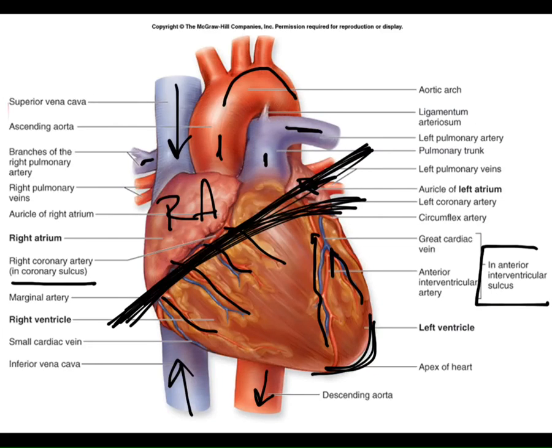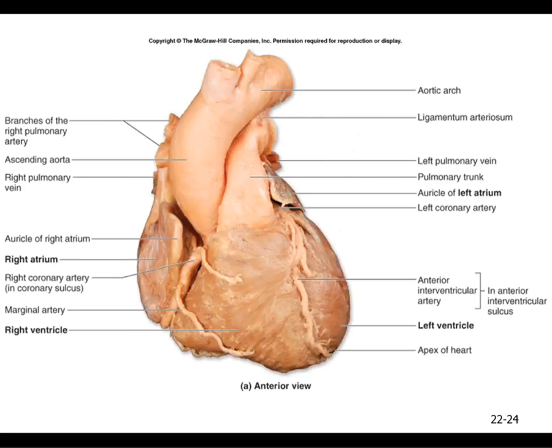Okay, question? If you were to turn the heart around, would you still be able to see those? I'm looking at how the superior and inferior vena cava both go into the same, they're both traveling in opposite directions. Right, they're the same.